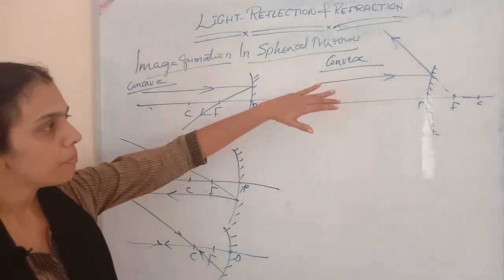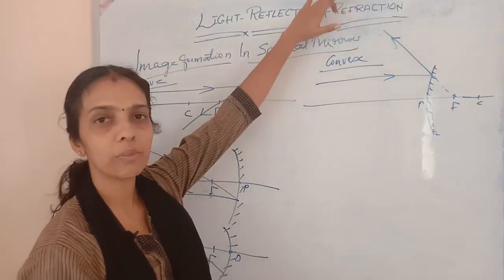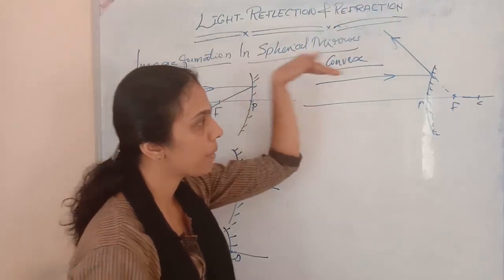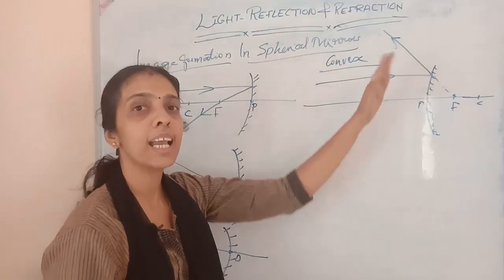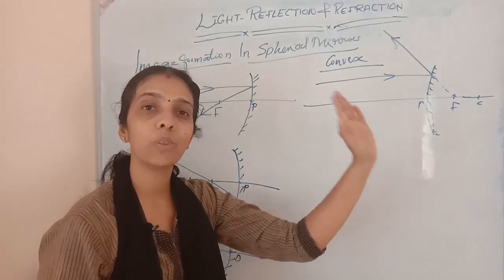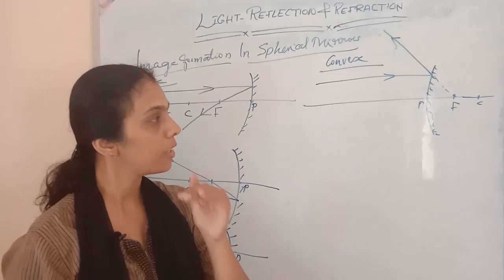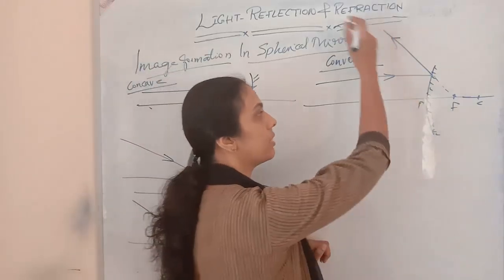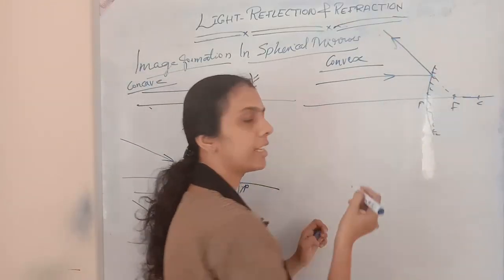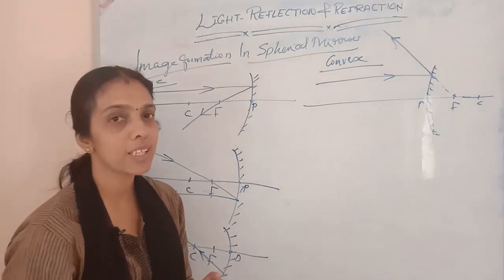If the ray is passing parallel to the principal axis, it will appear to diverge from the principal focus. So while you are drawing, if you first draw the divergent ray and then try to focus on the principal focus, it won't be proper.